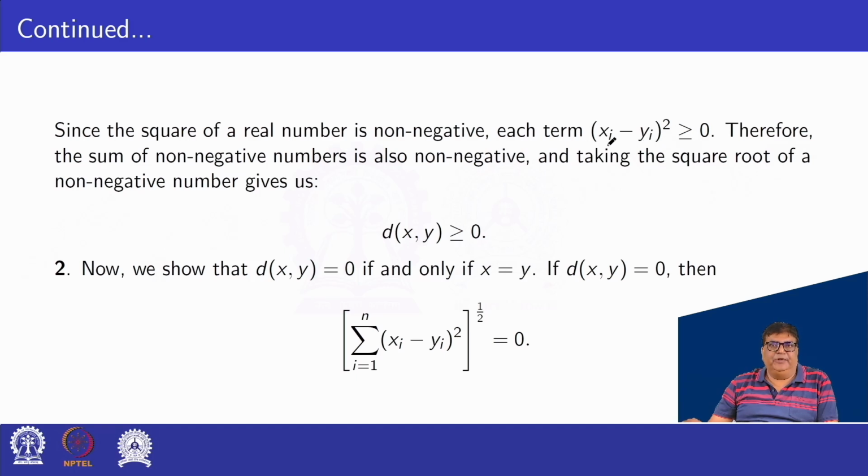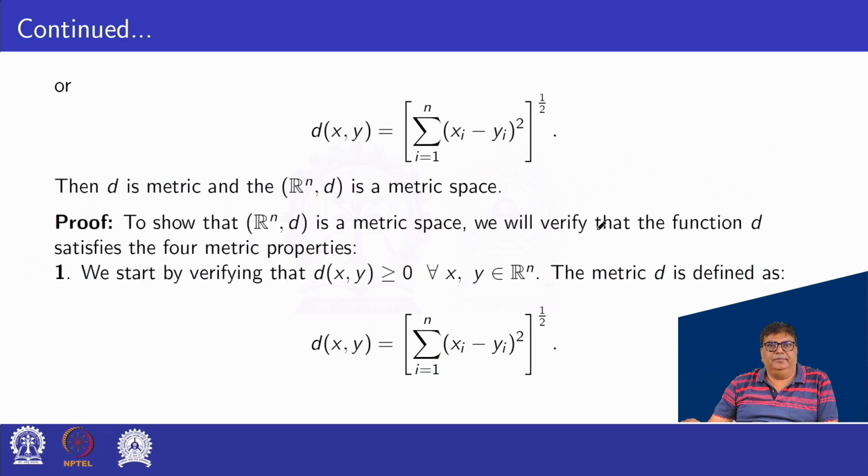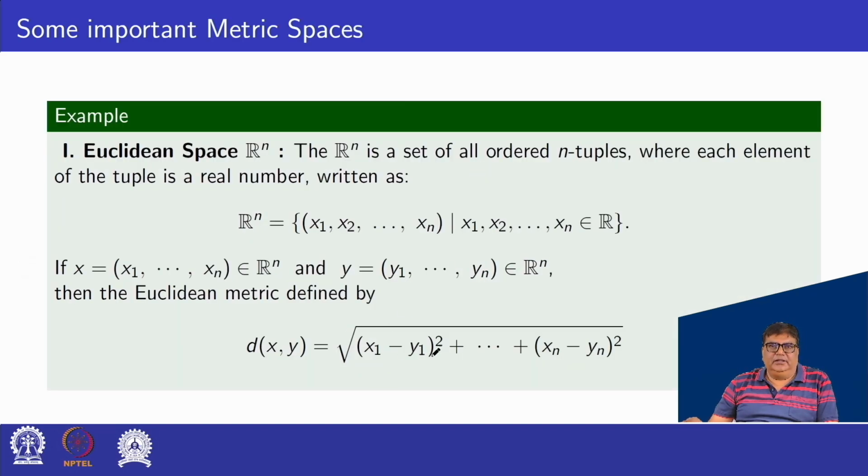For each fixed i from 1 to n, the sum over all i, each term is also non-negative, because each term is the square of x1 - y1, x2 - y2, and so on xn - yn.